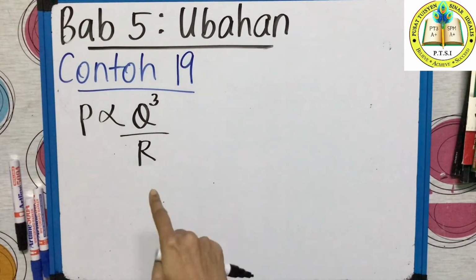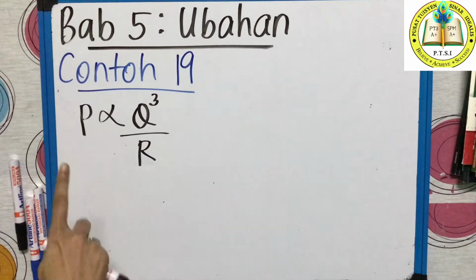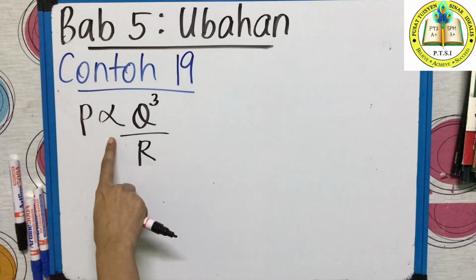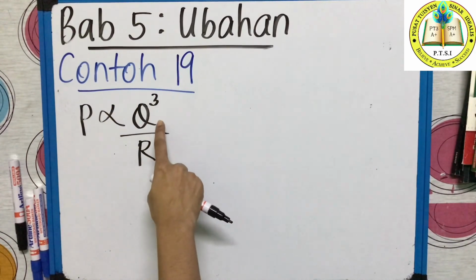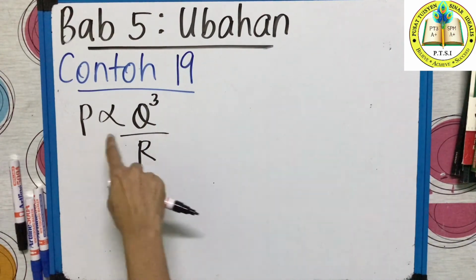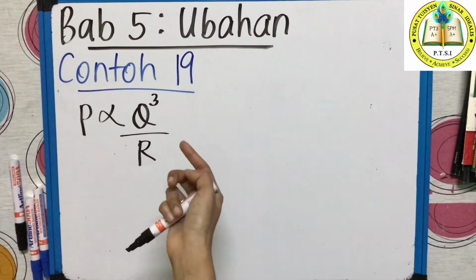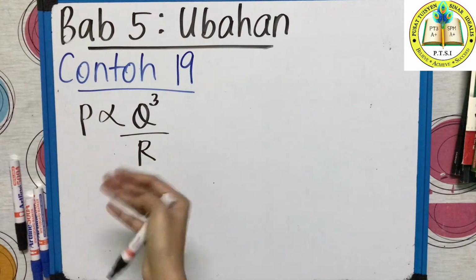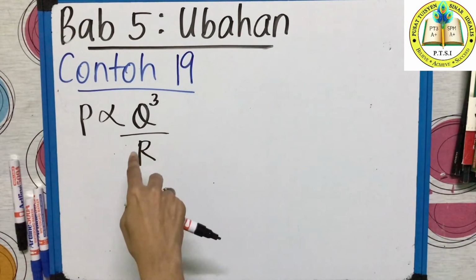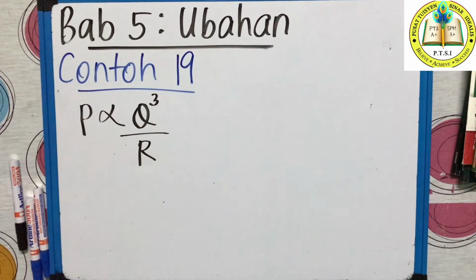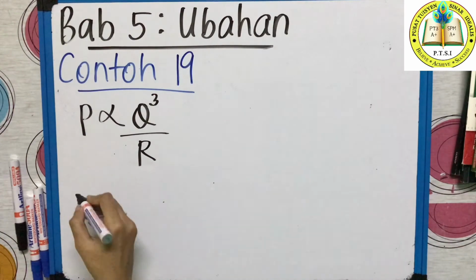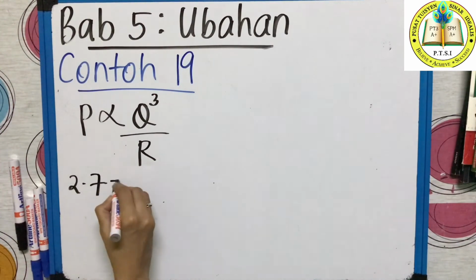2 in 1. So, cikgu ulang balik sekali lagi. P berubah secara langsung dengan kuasa 3Q dan teacher put over secara songsang. Why? Over because songsang. Songsang dengan R. So, over R. Now, nilai yang diberi P 2.7. They gave 2.7, equal.